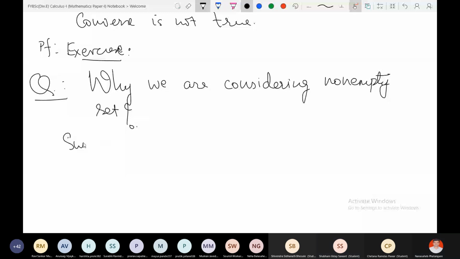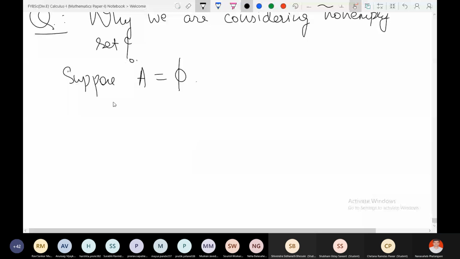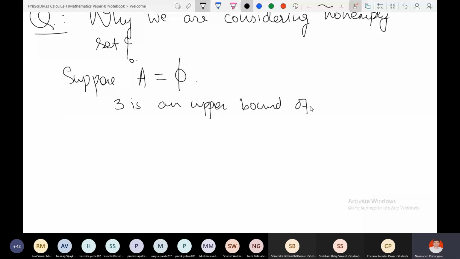Suppose A is the empty set. Then 3 is an upper bound of the empty set.